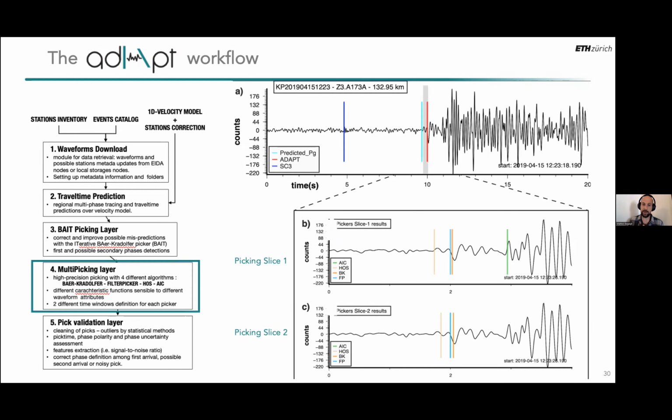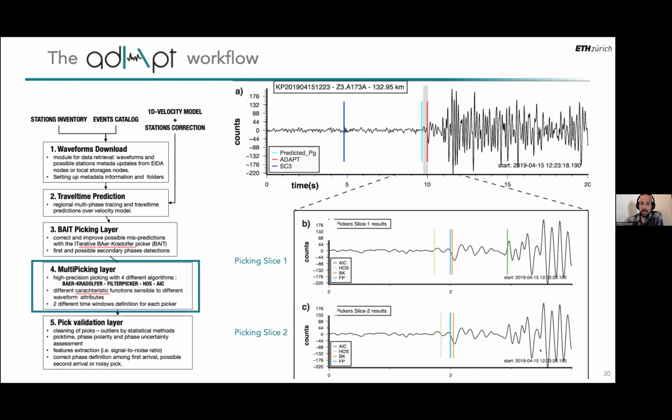These two different time windows combined in this example show the difficulty one would have in discerning correct or erroneous phase identification using an individual picker.